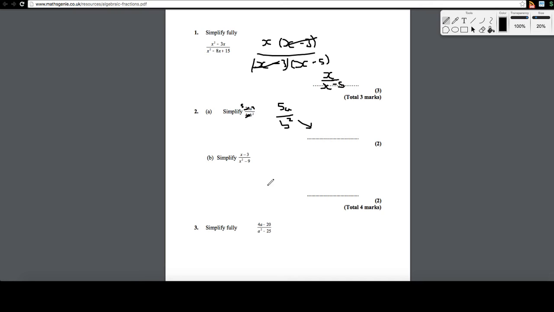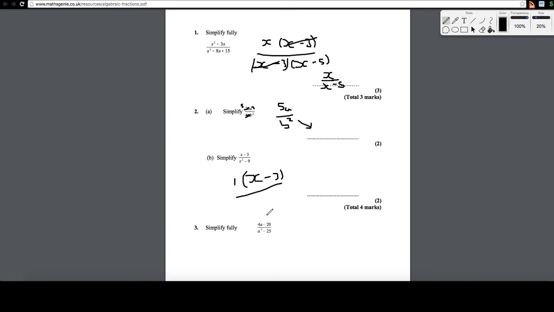Here, this is very similar to this sort of question up here. We're going to have x minus 3, but this is going to be in brackets obviously, though it doesn't have to be a bracket, but I would suggest putting a 1 there just so you know you can do that.